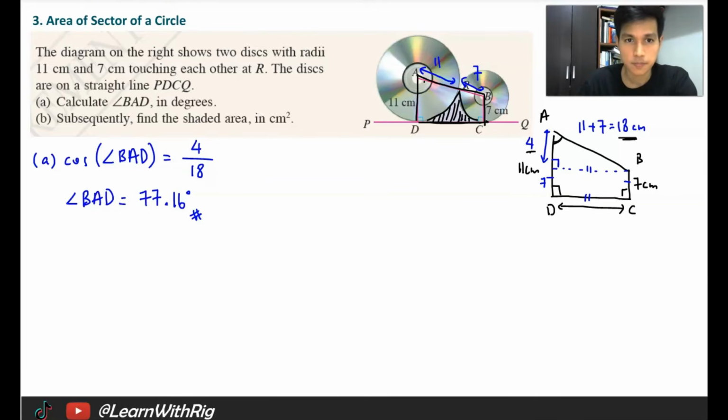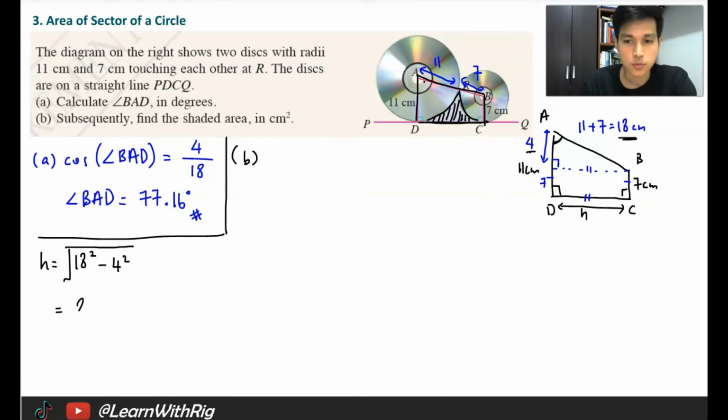So question B, I'm just going to draw here so that you have space. Let us first find the height here. Let's assume this is the height. So height is equal to the square root of 18 squared minus 4 squared.